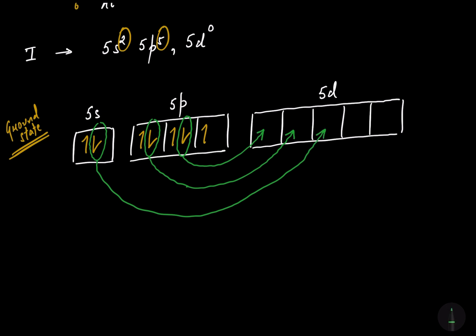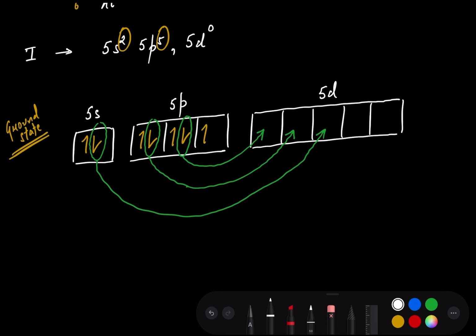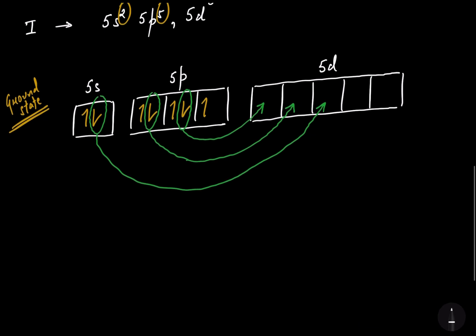So we have to excite firstly only those electrons which are paired, and by exciting the 3 electrons, the one from 5s and 2 from 5p to the 5d orbitals, we will be having 7 atomic orbitals which are having 1 electron. So I'm going to make the excited state now.